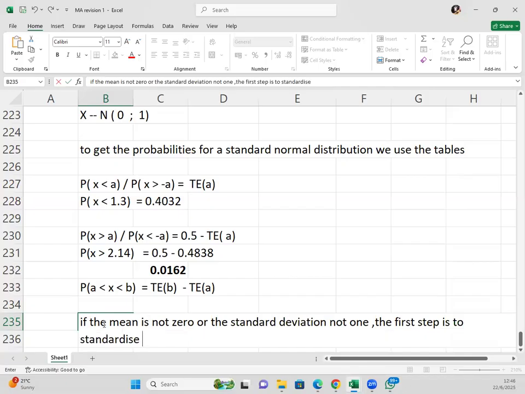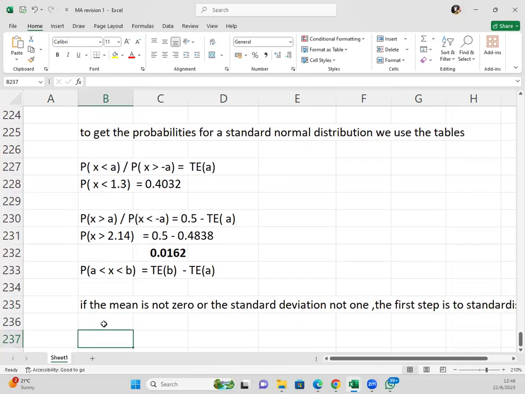The first step is to standardize the data. We do what we call standardizing the data. We use the formula: you standardize the data to Z using the formula.